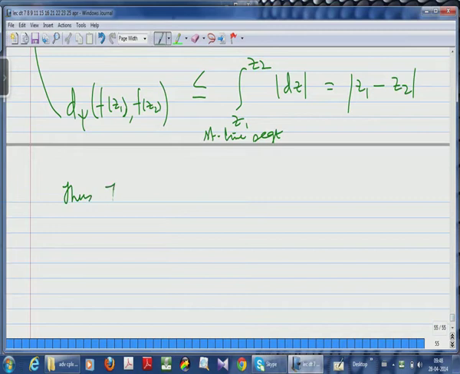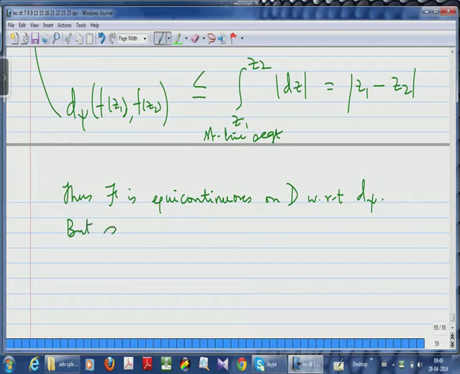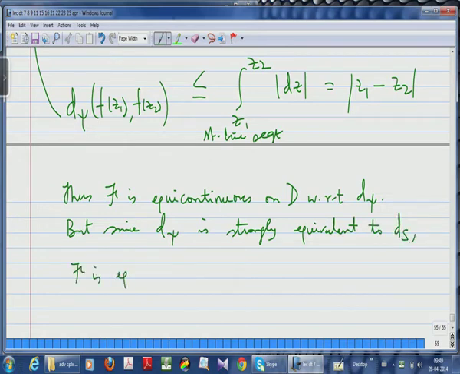Thus script f is equicontinuous on D with respect to d psi, but since d psi is strongly equivalent to the spherical metric ds, script f is equicontinuous on D with respect to the spherical metric.